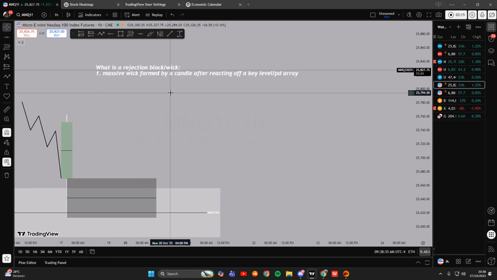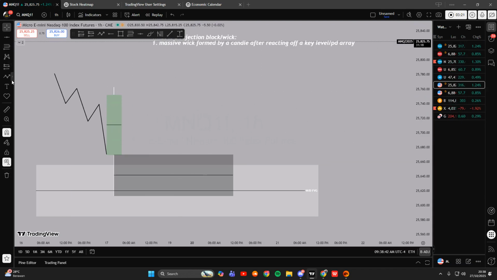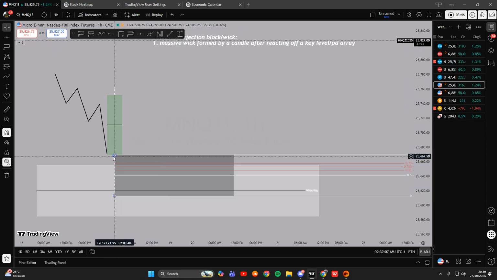The best ways to use a rejection block is usually you can set a limit order on the CE, the 50% of the rejection block, or the start of the rejection block, or the OTE, which would be this.